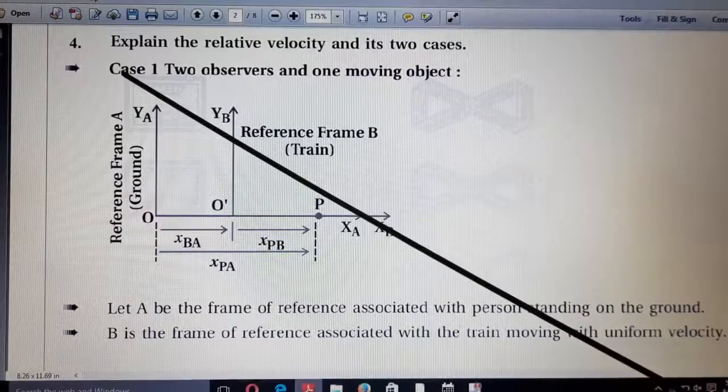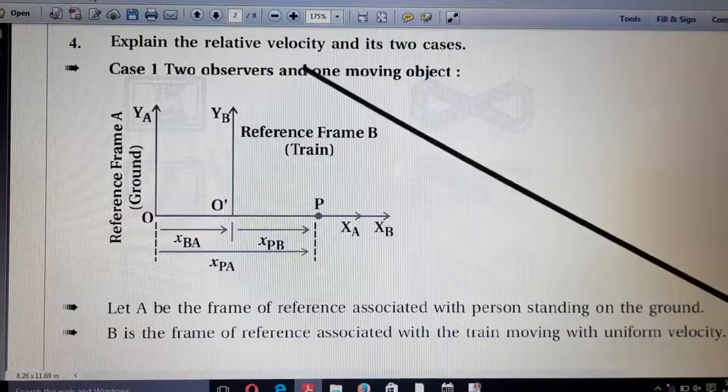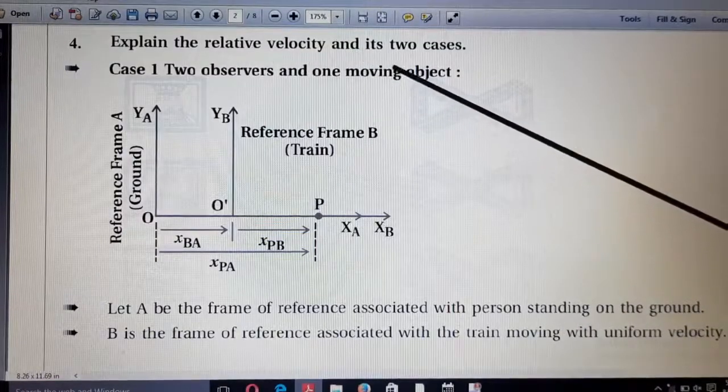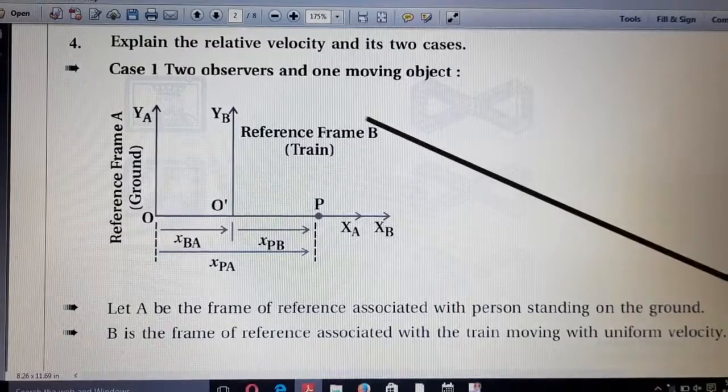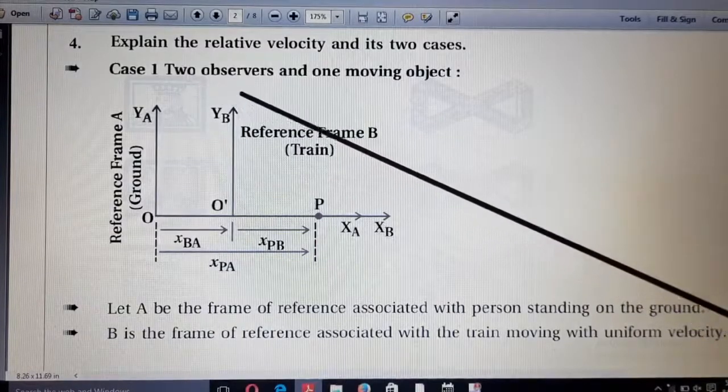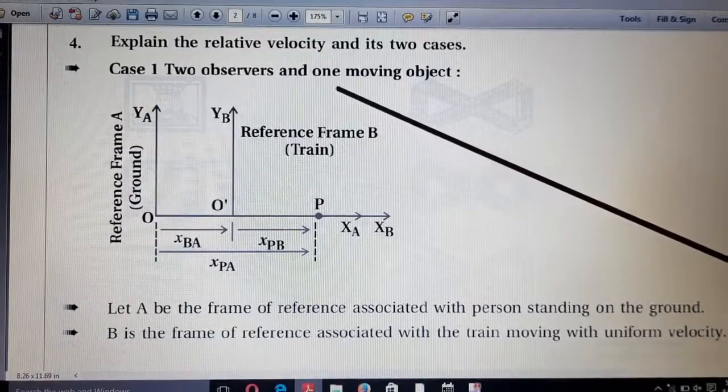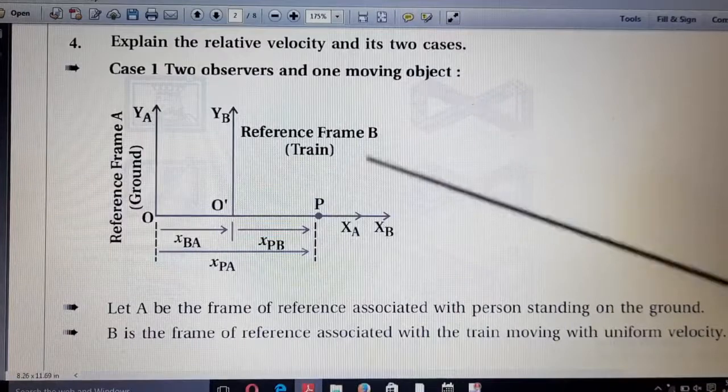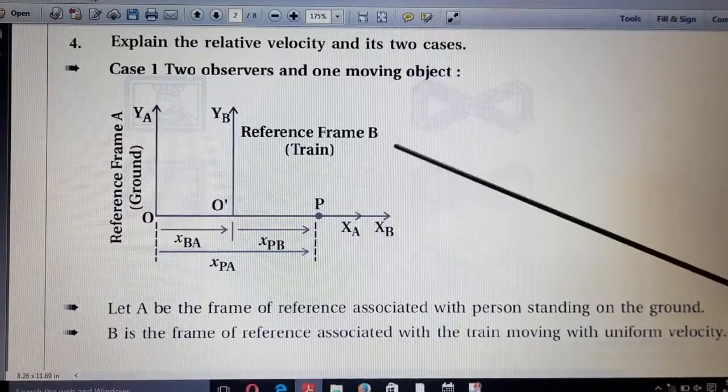Our question: explain the relative velocity and its two cases. In the first case, two observers and one moving object. First of all, understand this figure.